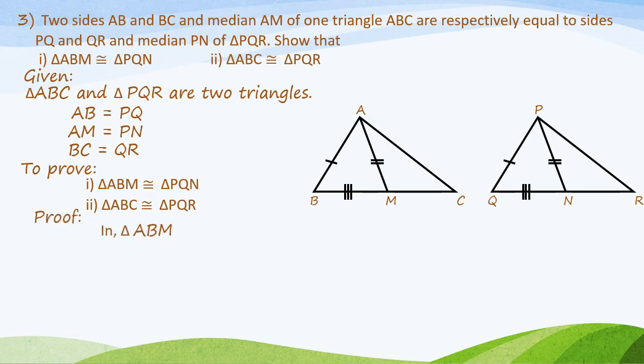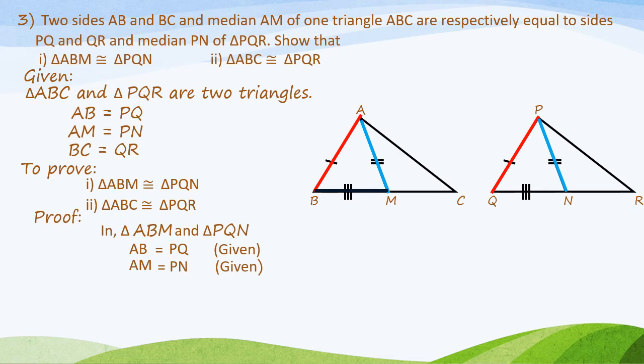Proof: in triangle ABM and triangle PQN. So first let us take these two triangles ABM and PQN, in which AB is equal to PQ, that is given in the question. Next, AM is equal to PN, that is also given in the question.